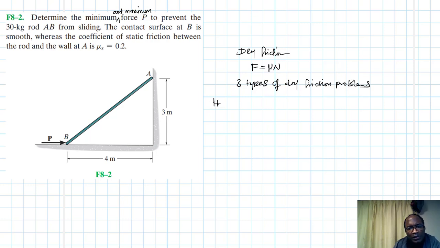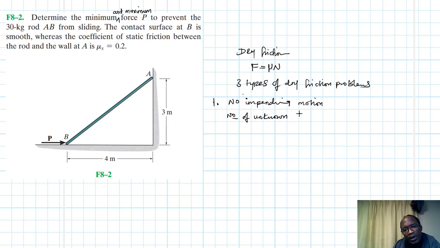The first one is where you are experiencing no impending motion at the contact points or contact surfaces. Okay, no impending motion. For this particular case, we expect the number of unknowns to be less than or equal to the number of equations of equilibrium.